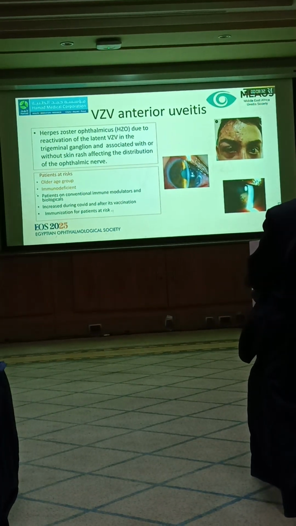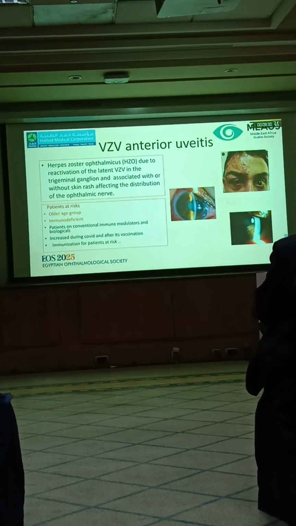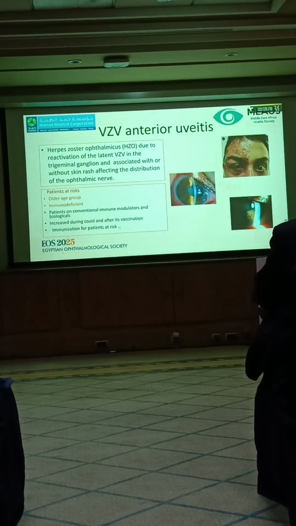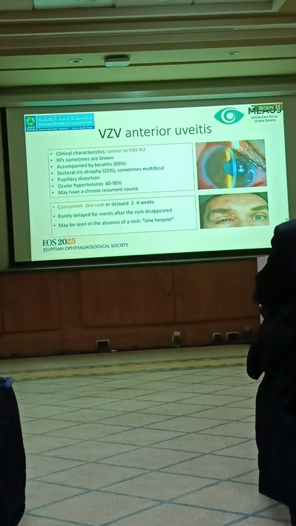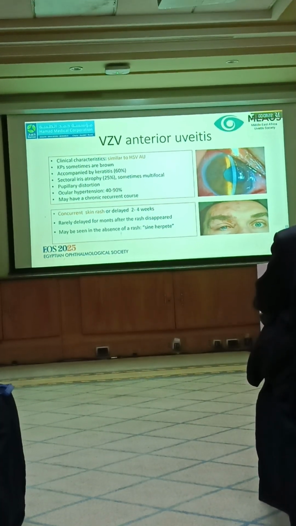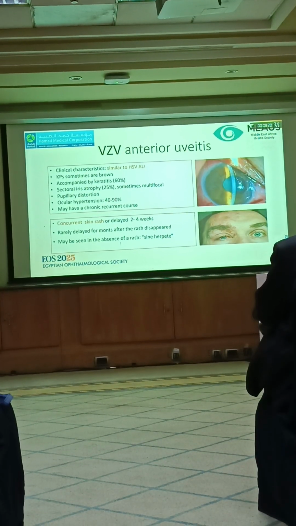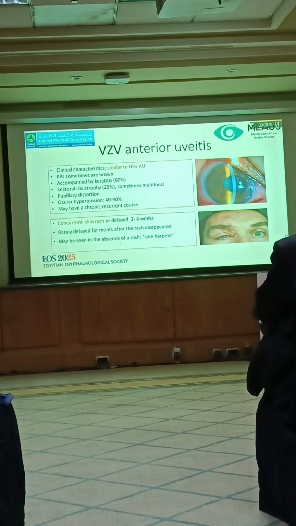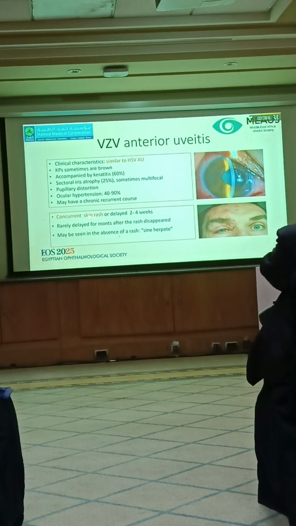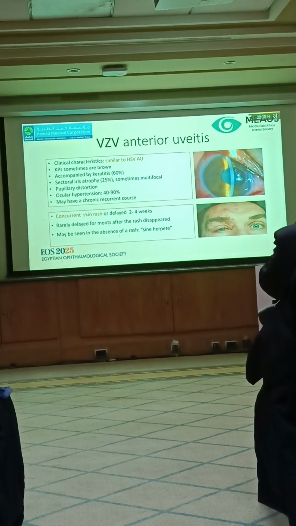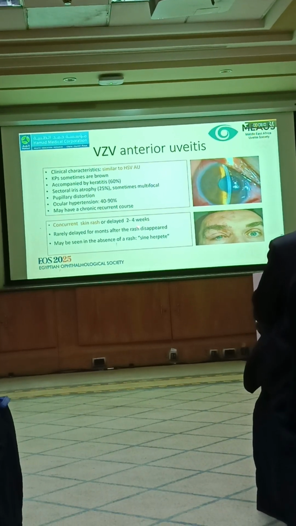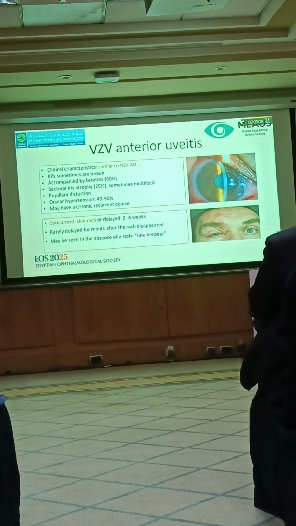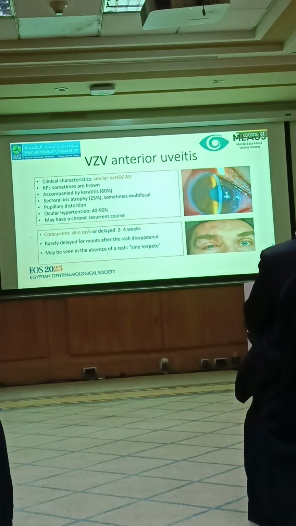VZV is more common in the older age group and in immune deficiency. It is somewhat similar to herpes simplex virus, with ocular findings and concurrent skin lesions with the uveitis, or the skin lesion might happen before the uveitis, or in rare cases with no skin lesion.